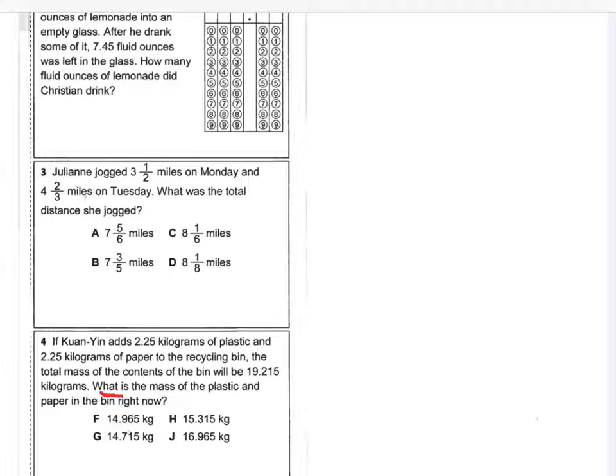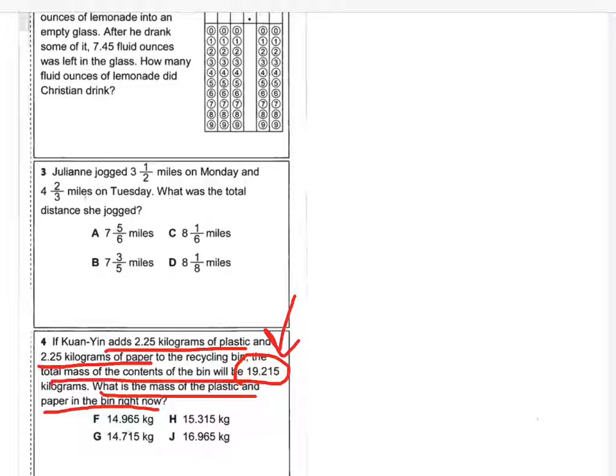Okay, so we're wanting to know the mass of the plastic and paper in the bin right now. What I know is that he adds 2.25 kilograms of plastic and 2.25 kilograms of paper. The total mass of the contents of the bin, ooh, hear that thunder, will be 19.215.